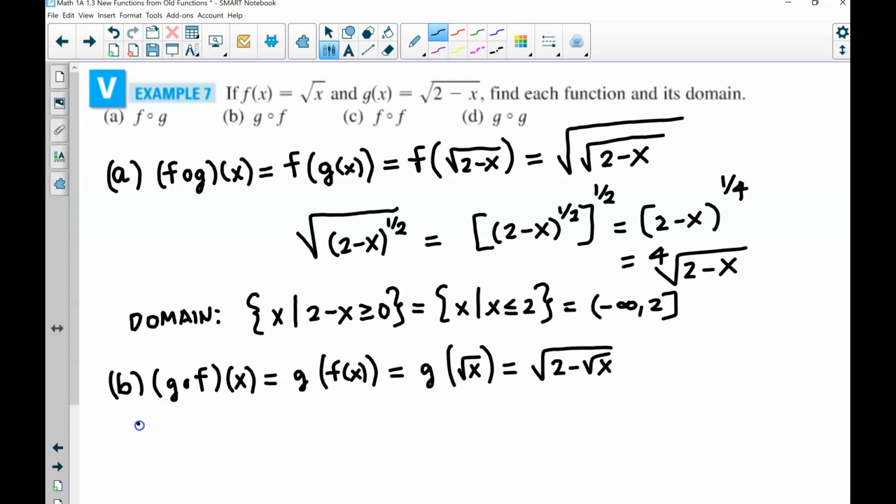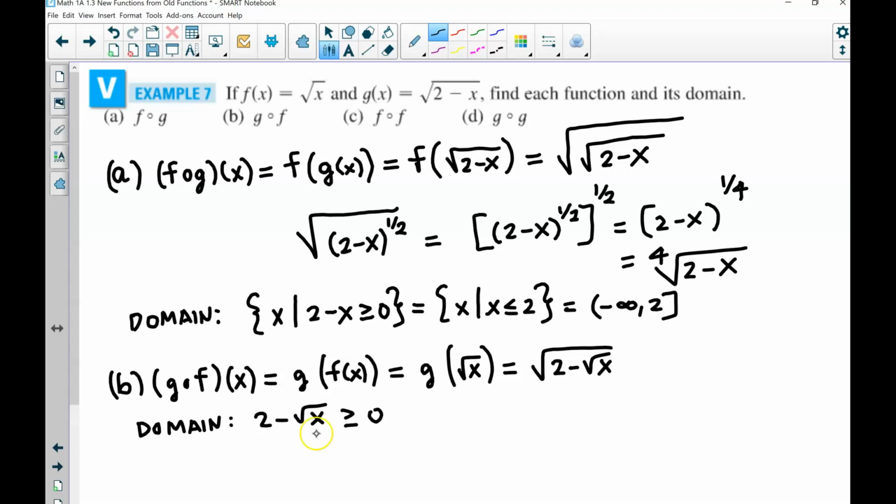So in order to find the domain of this function, we could see that 2 minus the square root of x on the inside of this radical has to be greater than or equal to 0.